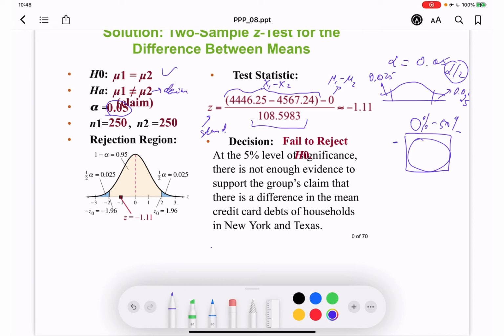And in the positive z-score table, the probability provided is 50% all the way to, theoretically 100%, but realistically statistics never gives you 100%, so it's going to be 99.99 something. All right, and because we have 0.025, which is 2.5%, we are going straight to the negative z-score table.